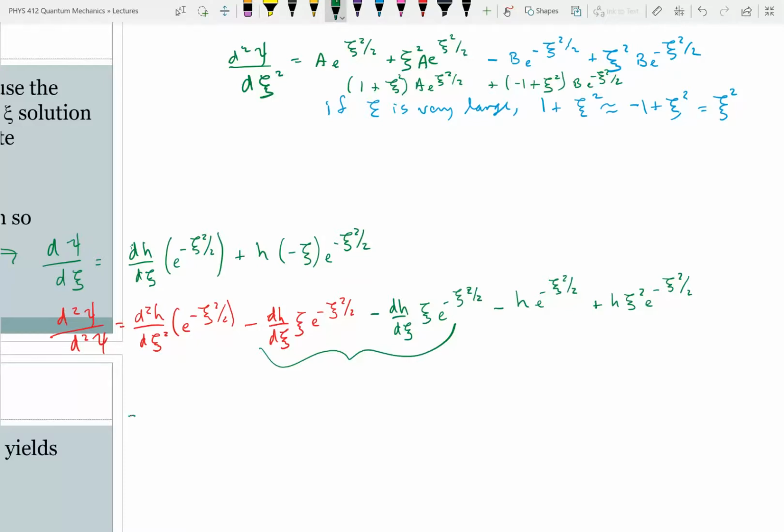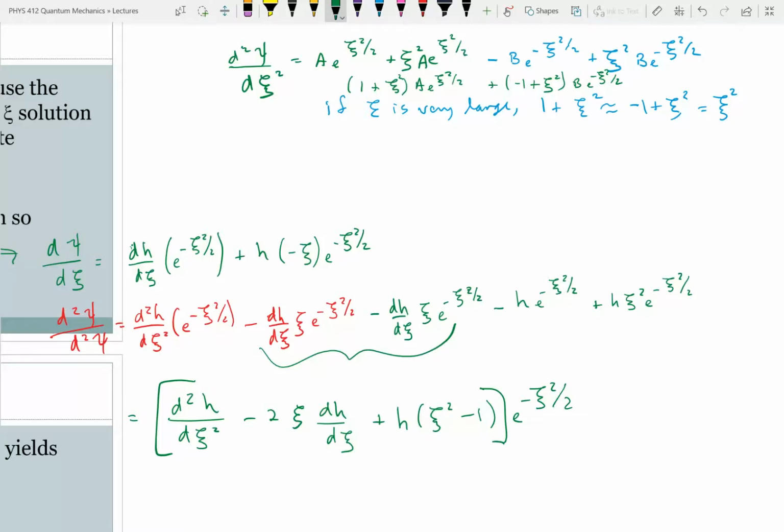So this is equal to that's as simple as we can write it. 4 terms.